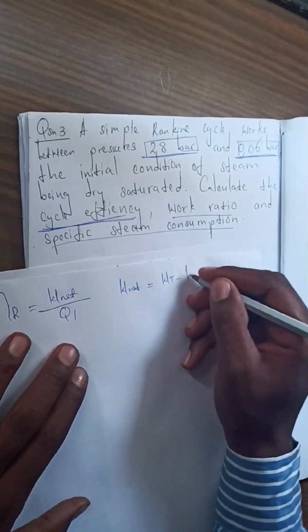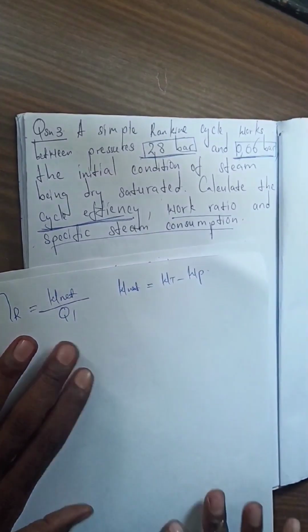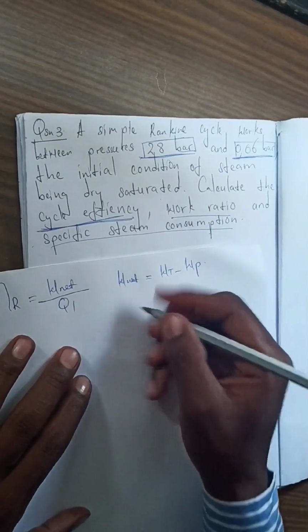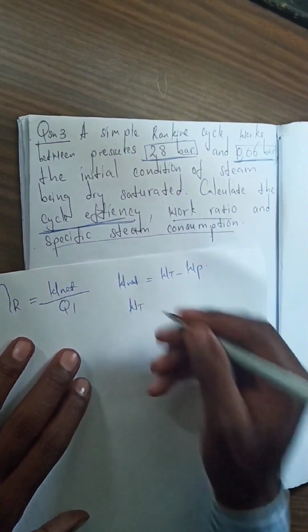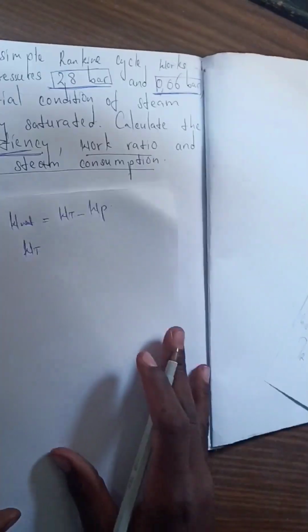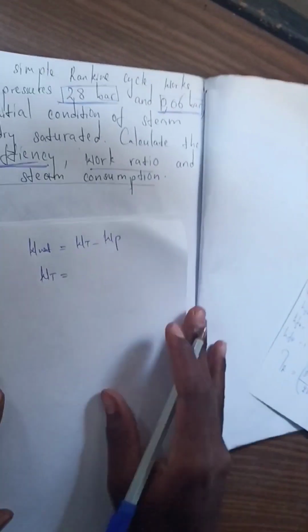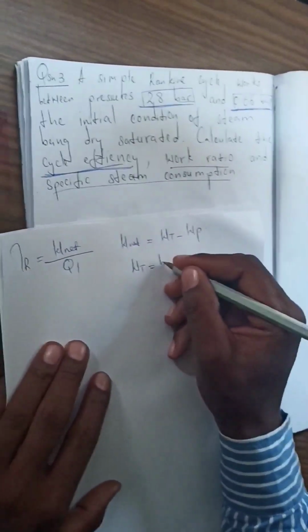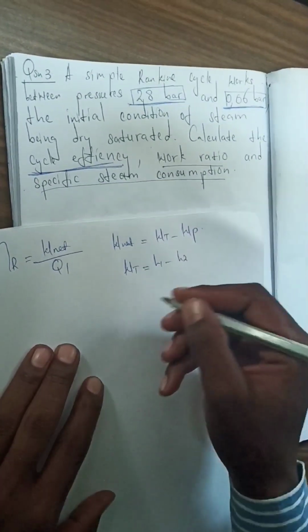subtract by pump work. Then the work turbine we are going to get by saying H1 subtract by H2.